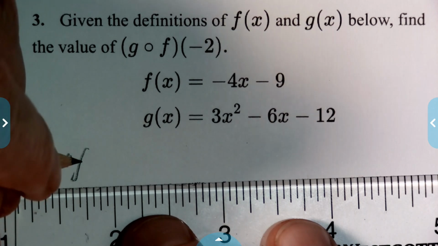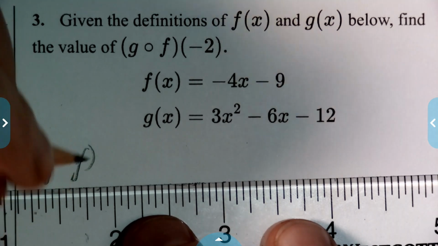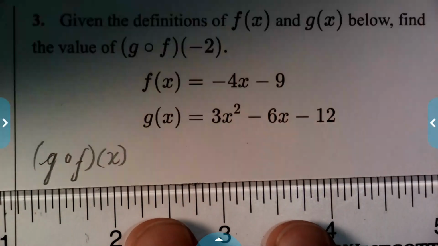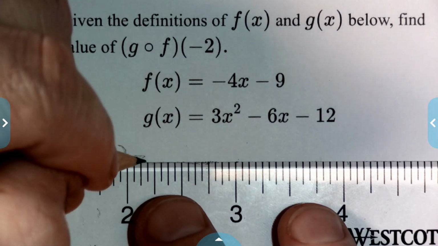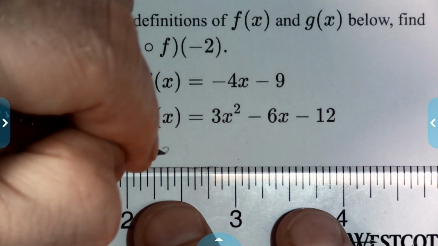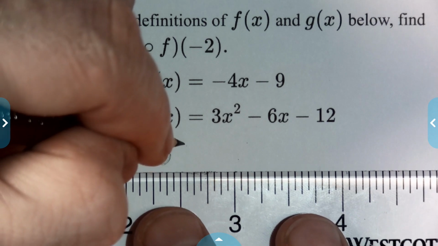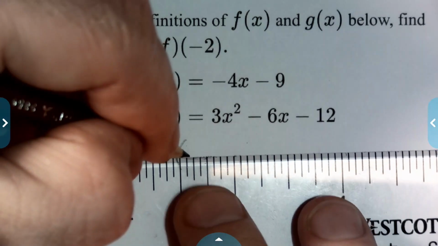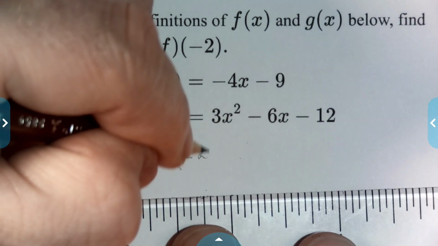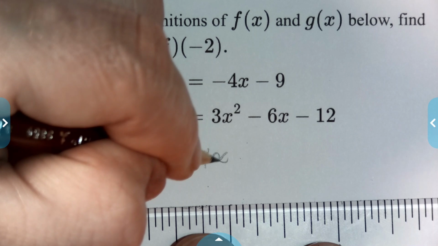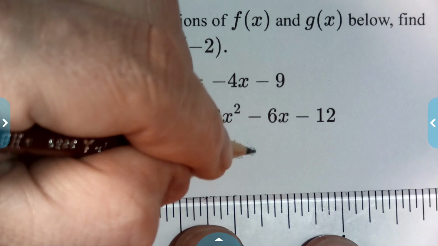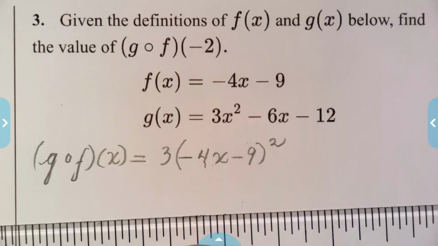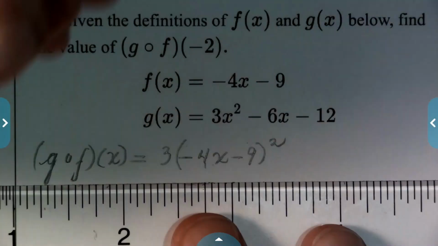So we've got G, the composition of G and F at X first. And so that'll be 3, open parentheses, and then I'll put in here -4x minus 9, squared. So we're going to be squaring this binomial here.